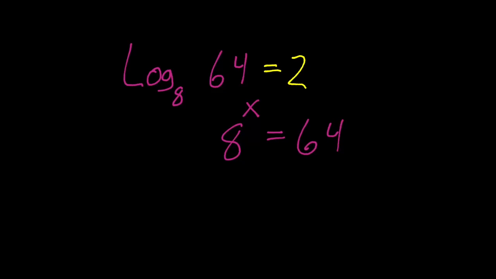Now, what if they give us a fraction for our answer? Such as, what if I have log base 3 of 1 over 81? How am I going to get that fraction? Well, it is important to remember that if you have a fraction with exponents, that means your exponent was negative.